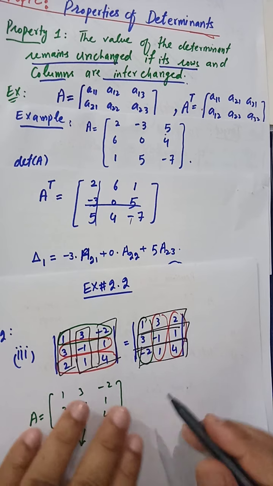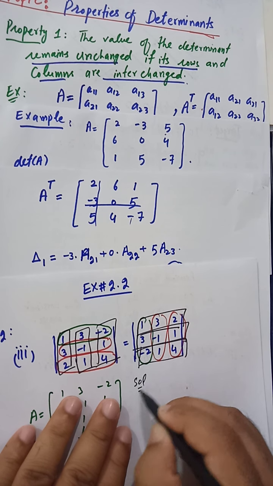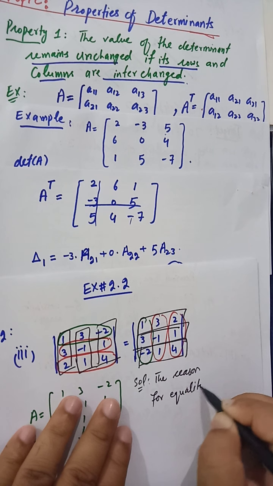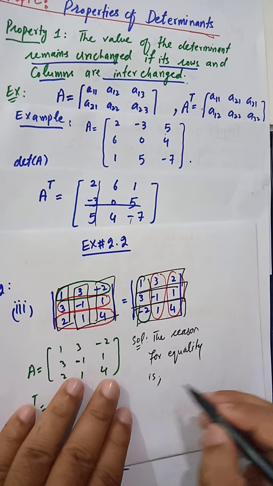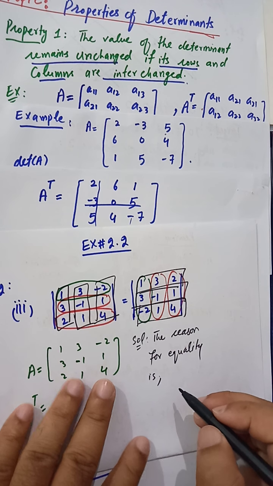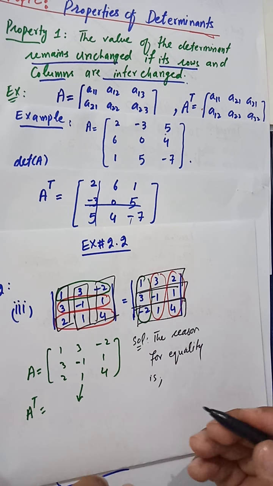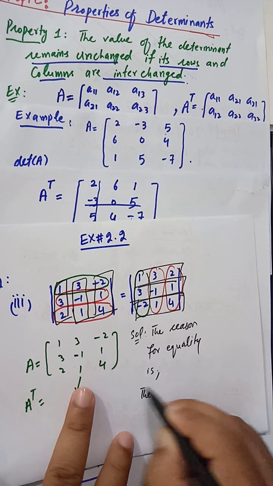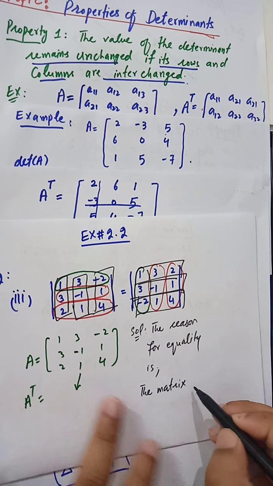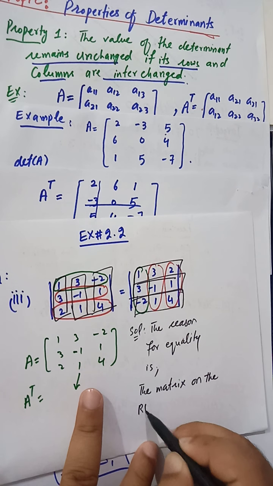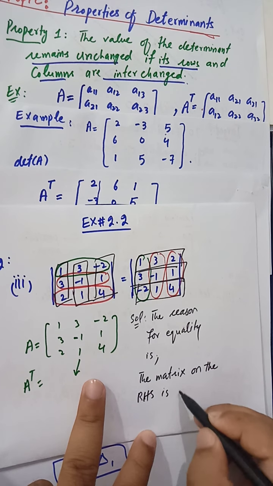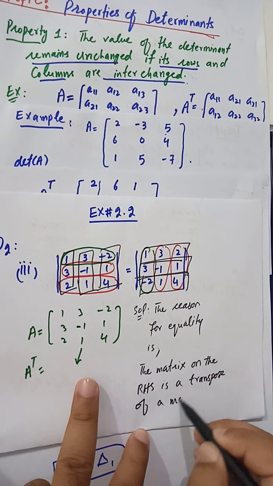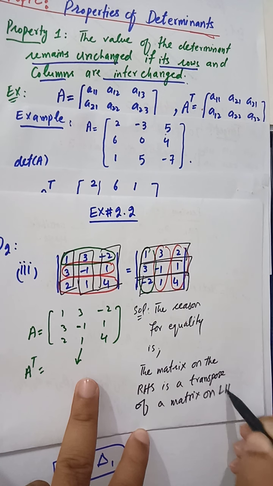So the reason for the equality, you will write in the solution: the reason for equality is rows and columns are interchanged, or you can say that the matrix on the right hand side is a transpose of the matrix on the left hand side.